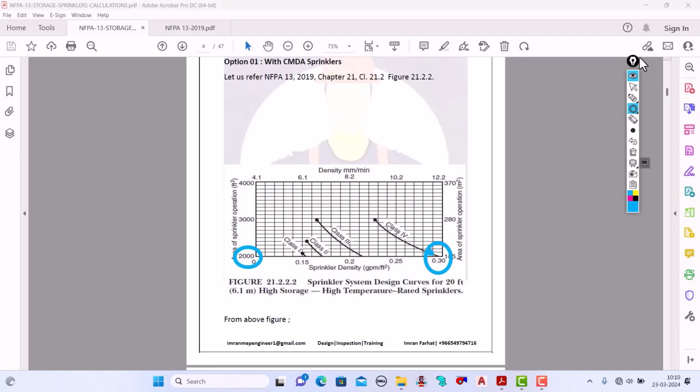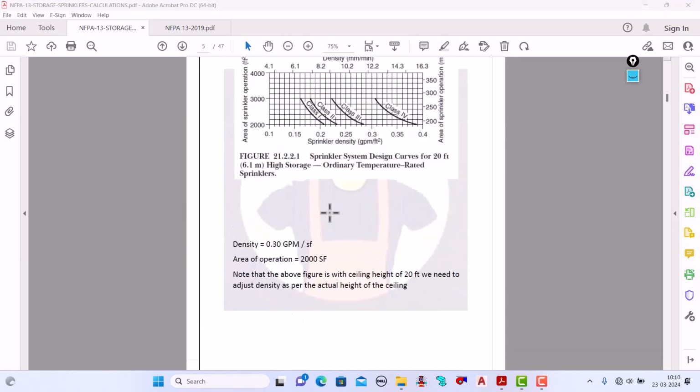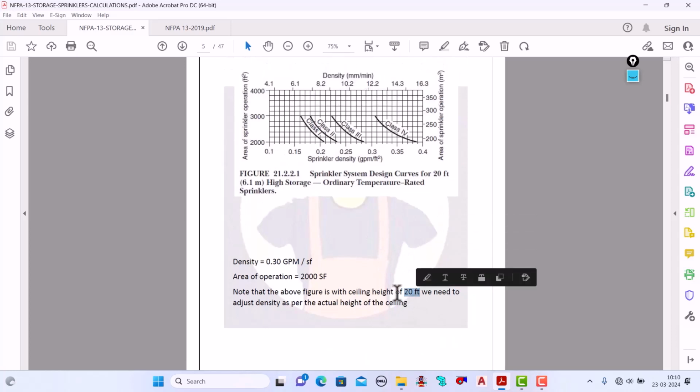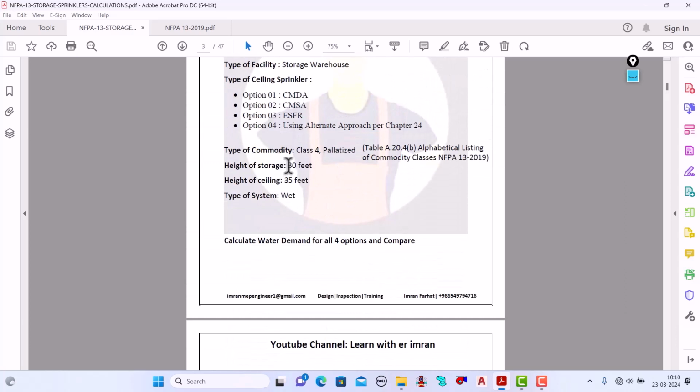But remember, this figure is only up to 20 feet. On that 20 feet height this figure is created. But our storage height here is 30 feet, right?